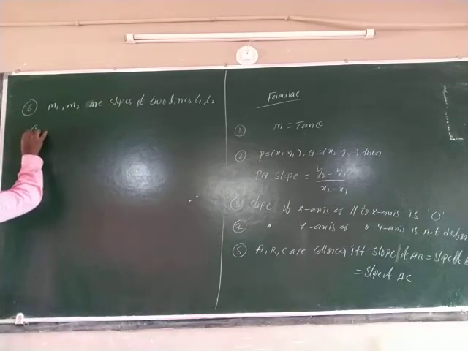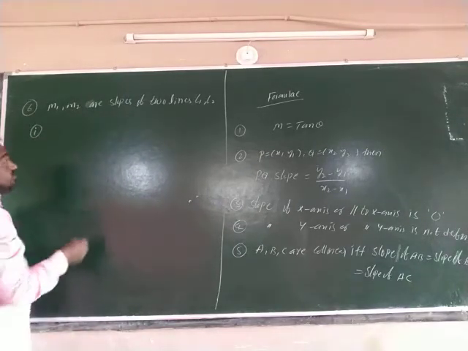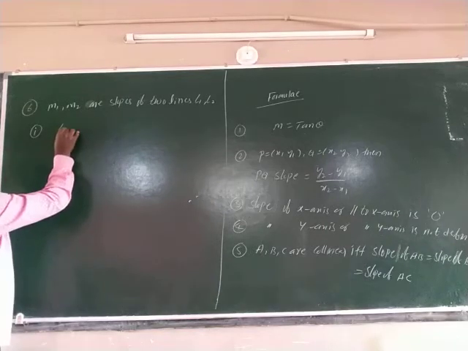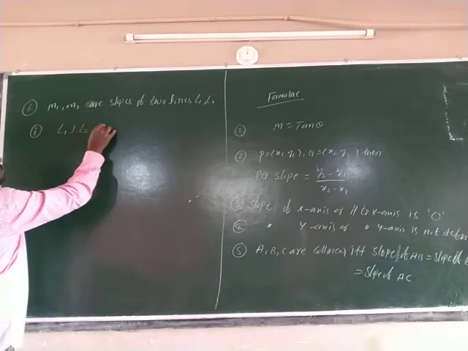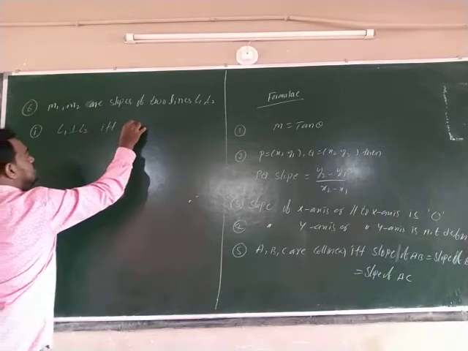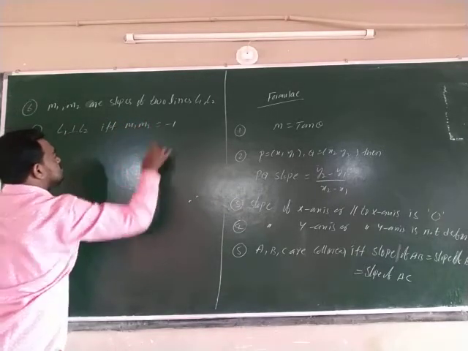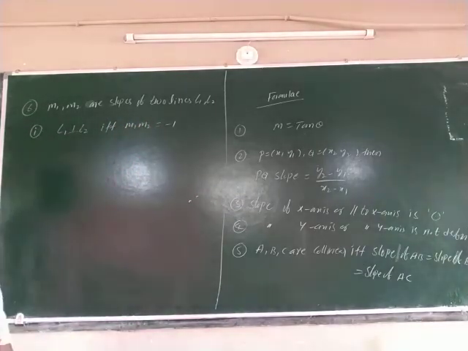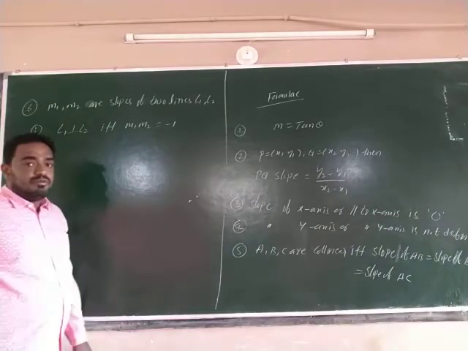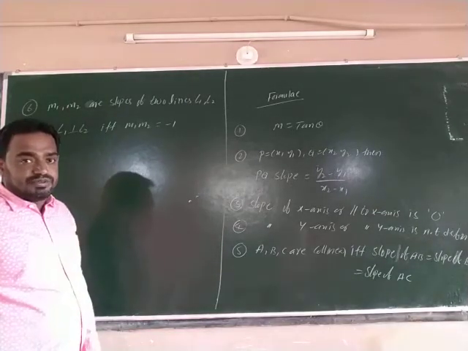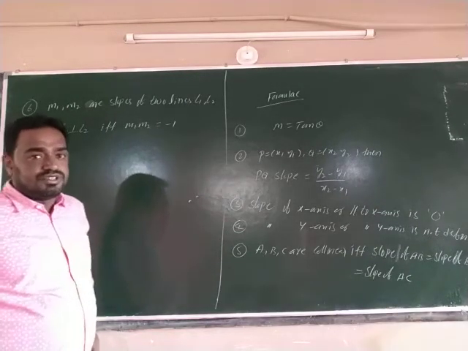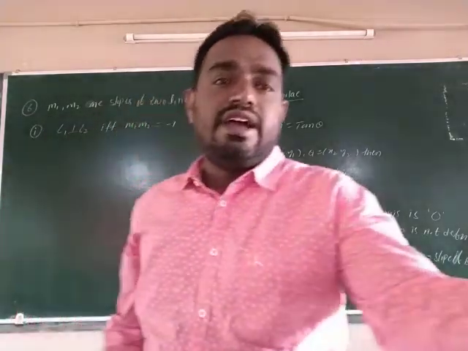Then first one, L1 is perpendicular to L2 if and only if the product of the slopes is equal to -1. If the lines are perpendicular, then the product of the slopes is equal to -1. If the product of the slopes is equal to -1, the lines are perpendicular.